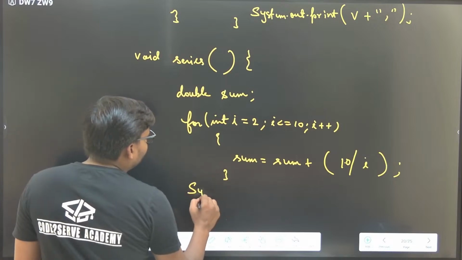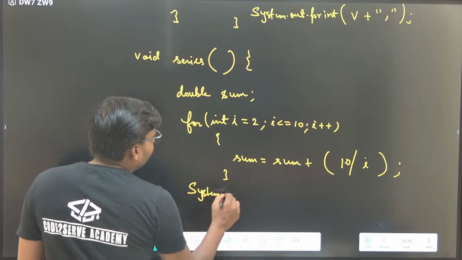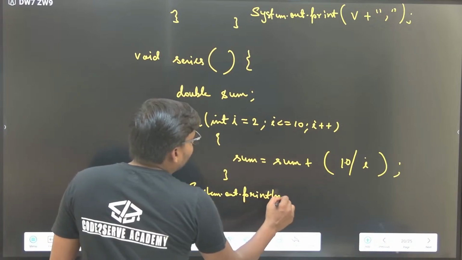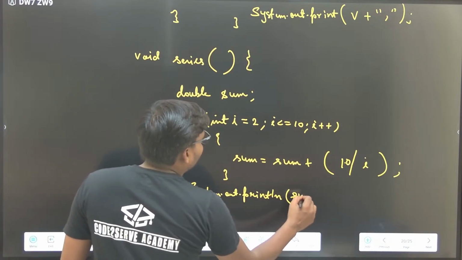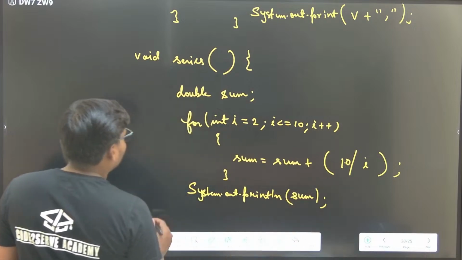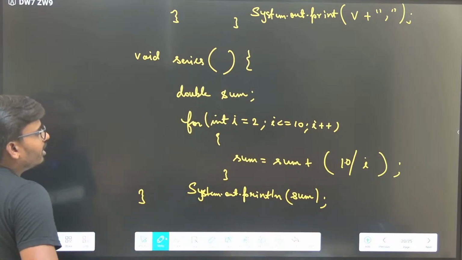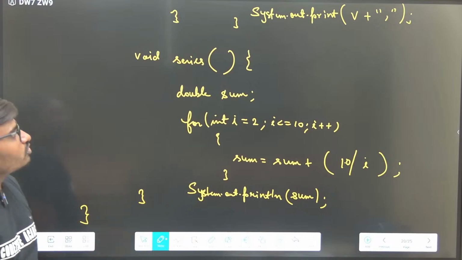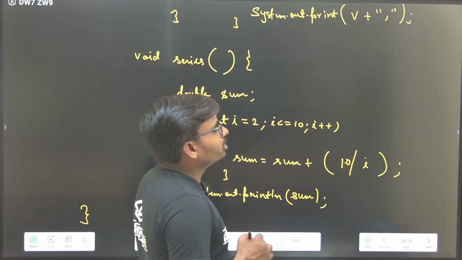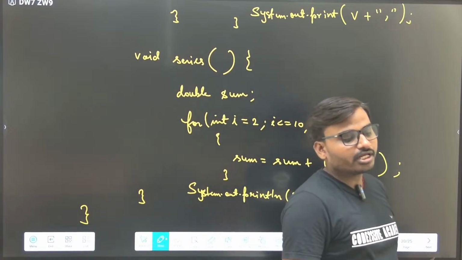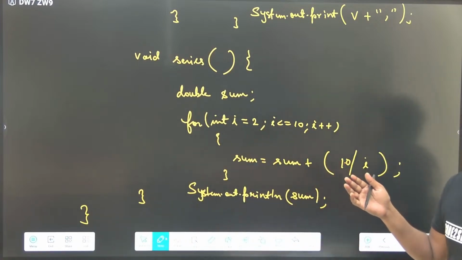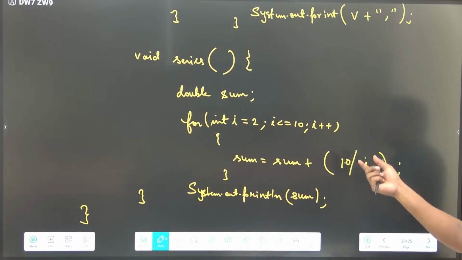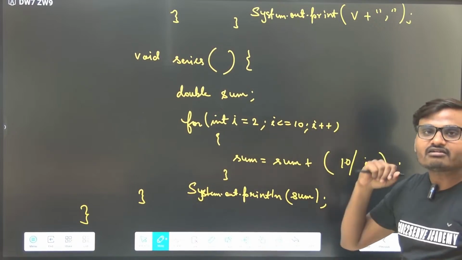Now you can print it. System dot out dot println, and you can print sum. All right. Now this is the closing of the class. So this was the logic of how we wrote the function overloading. Basically, we wrote the three functions whatever was given, and then we wrote the logic inside those functions.